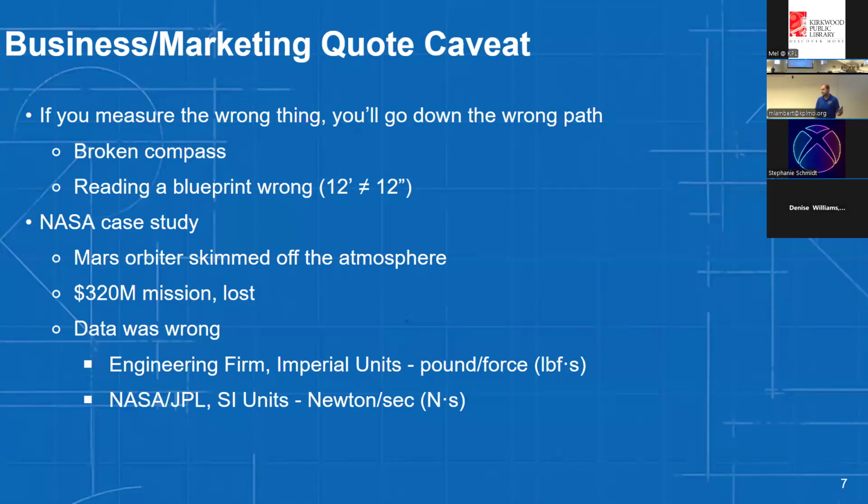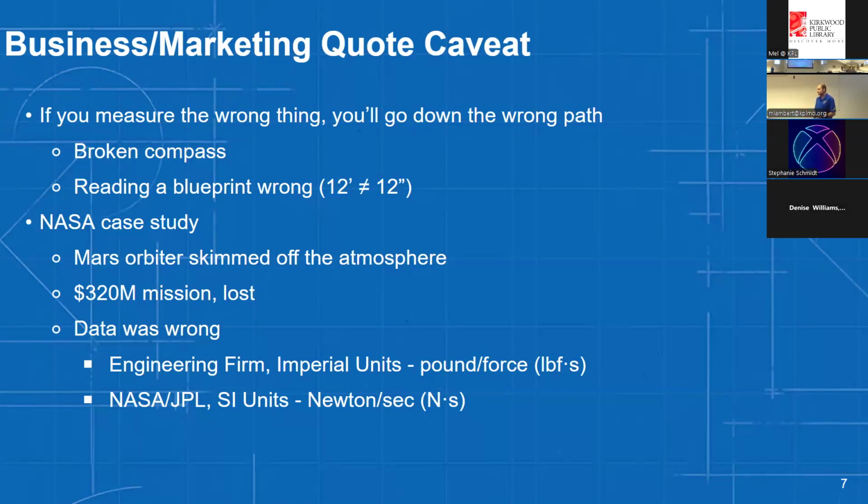A case study on this comes from NASA. They launched a Mars orbiter. It went out to space, skipped off the atmosphere. It was $320 million worth of investment gone, disappeared in a second. The engineering firm, I forget if it was Lockheed Martin or Northrop Grumman, gave their units in Imperial.